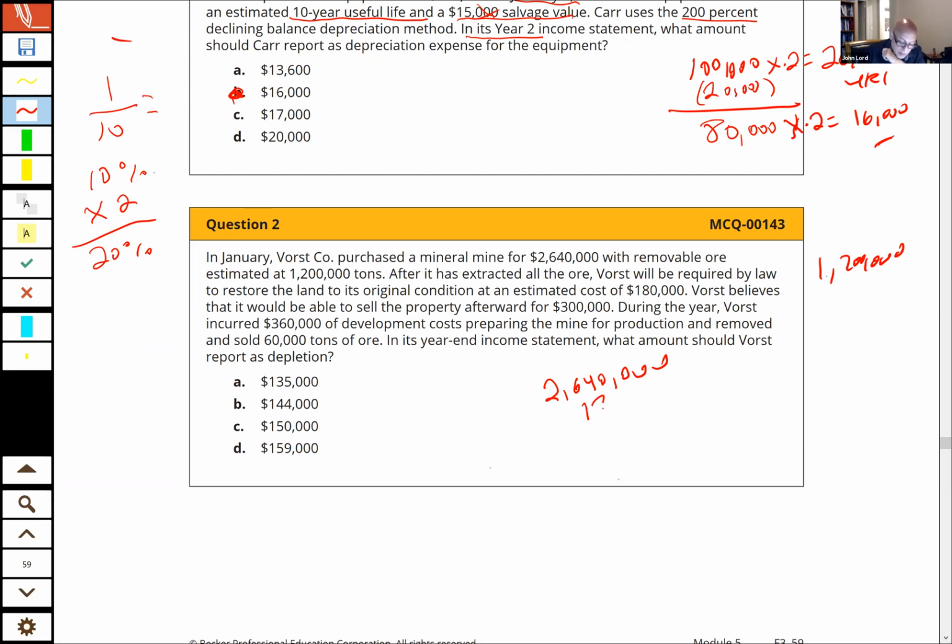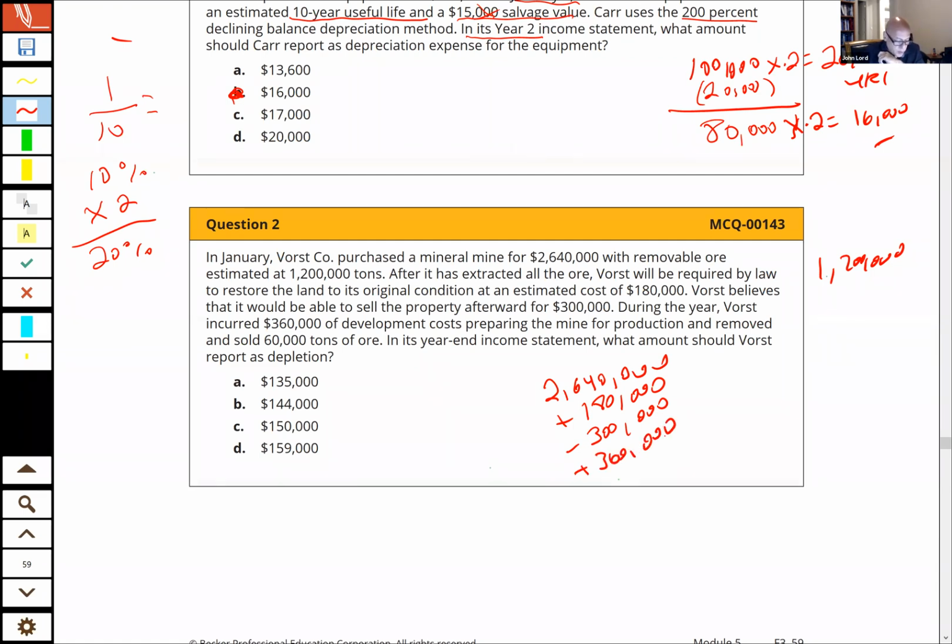$180,000. That's how it's supposed to work, but they don't do the best job at that. Vorst believes that it would be able to sell the property afterward for what? 300,000. So I have to take that off. During the year, Vorst incurred 360,000 of development costs. Got to add that.